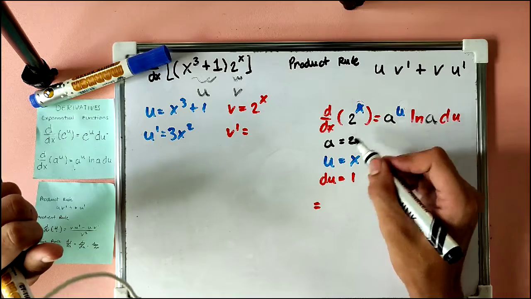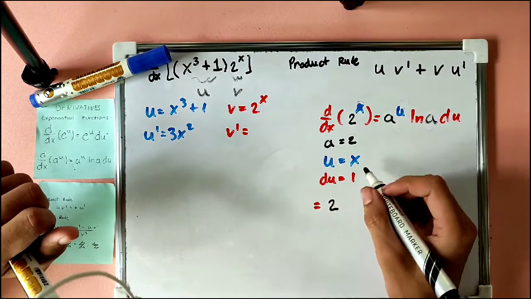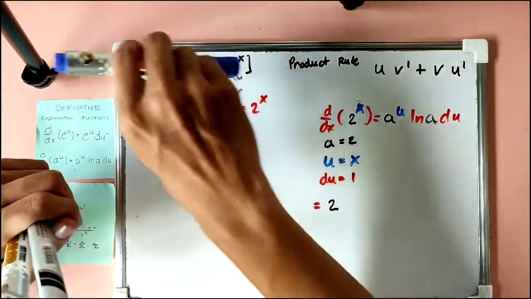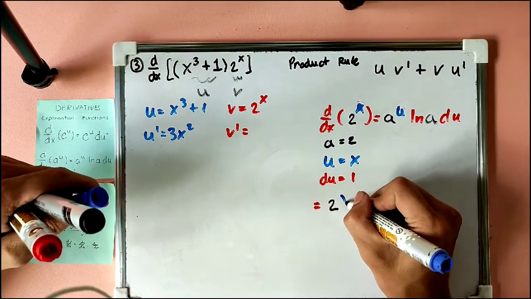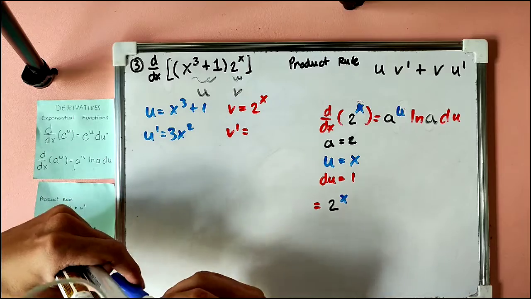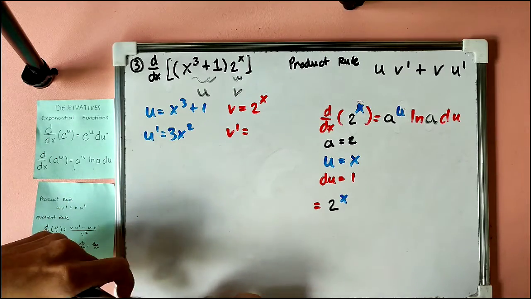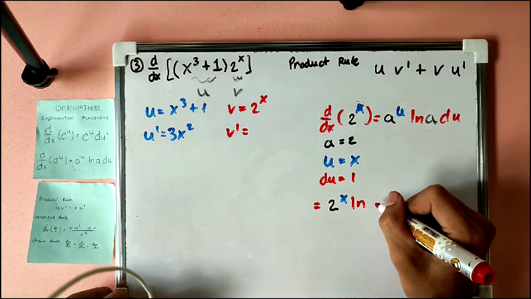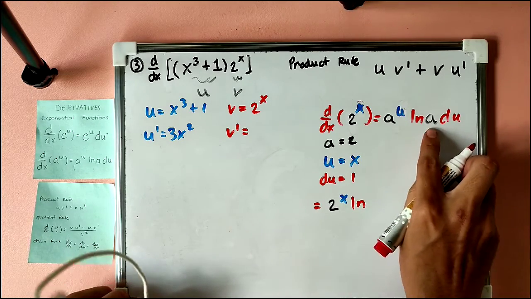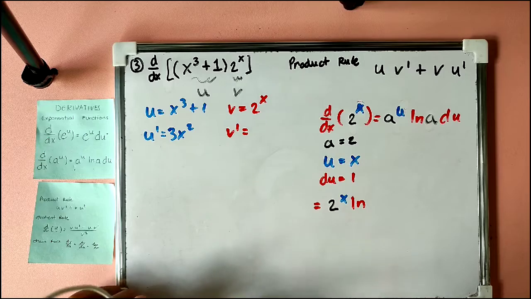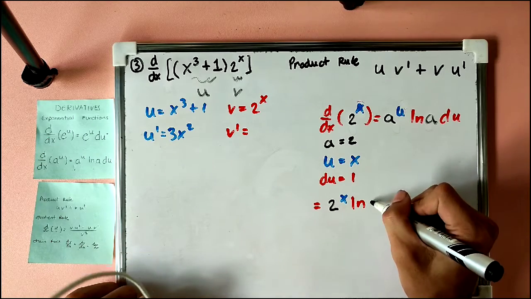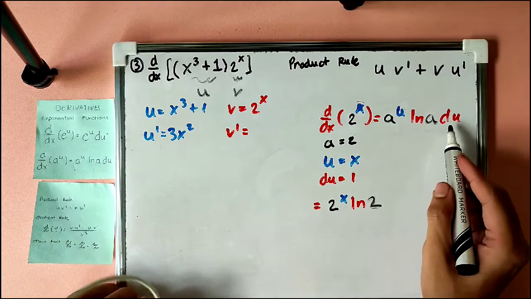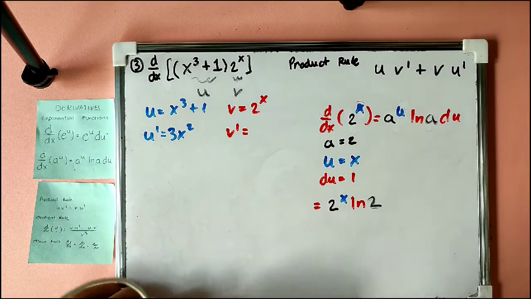Ang a natin ay 2. Then, ang u natin ay x. Then, copy the ln a. Copy the ln. Then, yung a natin ay is equal to 2 times the derivative of u, which is 1.